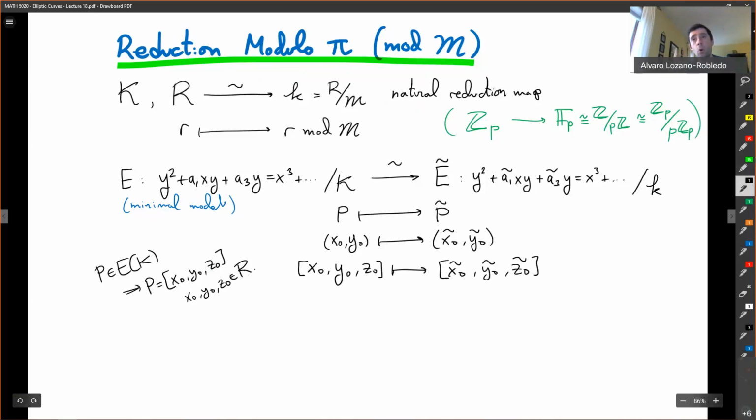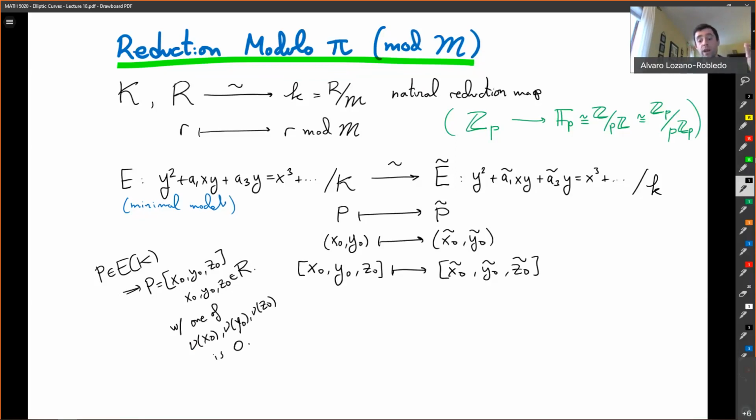Now this may also be problematic if they're all reduced to 0. That's not a projective point. So what I can actually choose is a point with at least one of them being a unit.